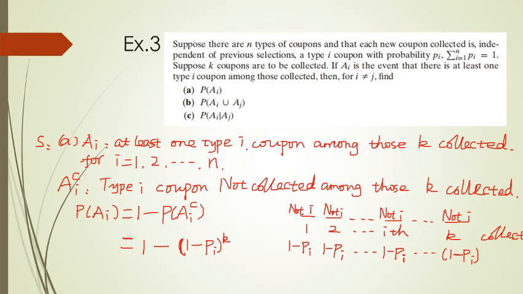And here it's different because the probability to be selected for type I coupon is pi, which depends on I. They are different, okay? Might be like when the probability to choose type 1 is 0.1, type 2 is 0.2, type 3 is 0.25.